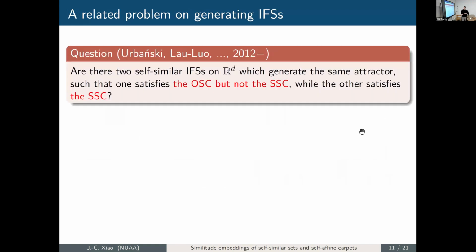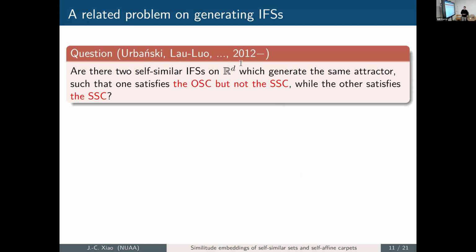So this is actually quite closely related to a problem on generating IFS, which was perhaps posed by several experts in the field of fractal geometry, like Urbanski or Ka-Sing Lau, Jun Jason Luo, in I don't know, 2012 or even earlier.